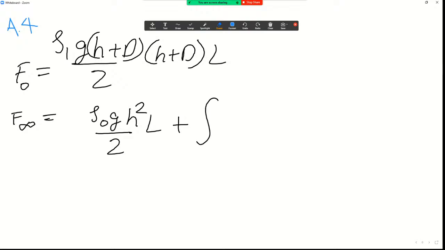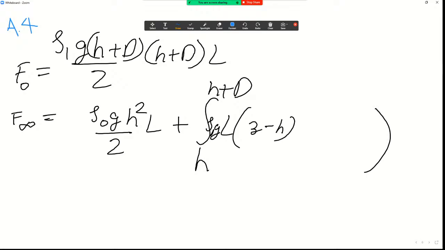So we have integration from h to h plus d of L times P times dz, or we can directly substitute P here, that is rho 1 g (z minus h) times. Yes, this is really becoming messy because we have to do integration now.